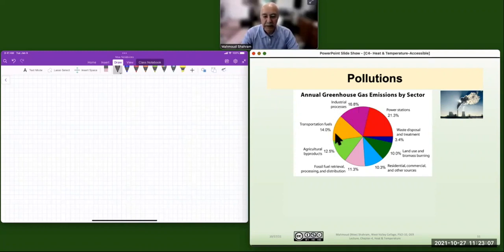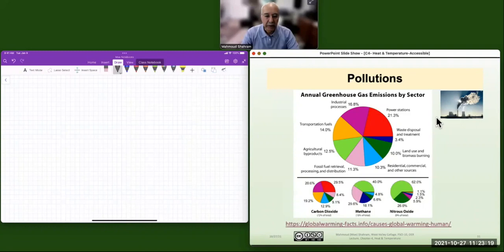Transportation, burning fuel, 14%, agricultural byproducts, and so on. So you can see all of these contribute. And if you want to know what the major byproducts, greenhouse gases, carbon dioxide, methane, nitrous oxide, are and where they come from, for example, from agricultural byproducts, you have 62% of nitrous oxide here.